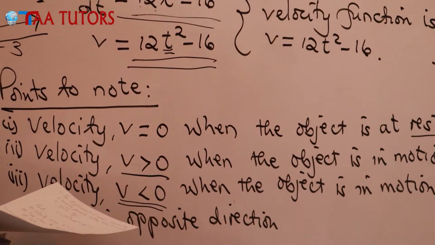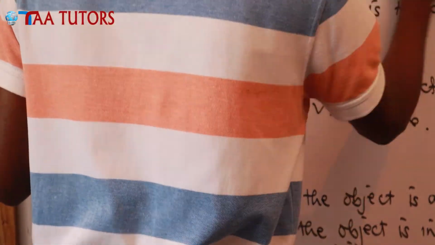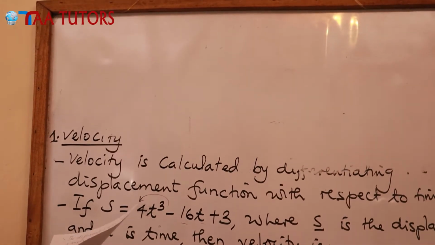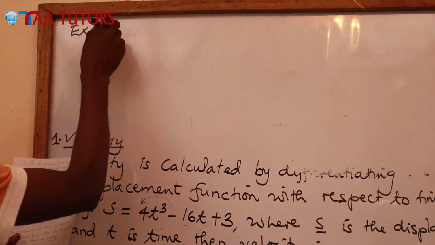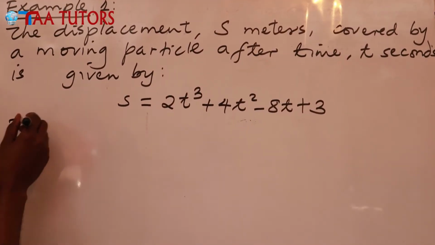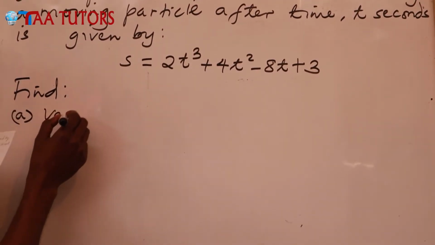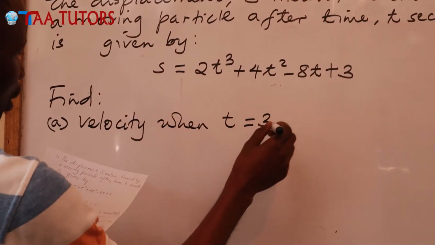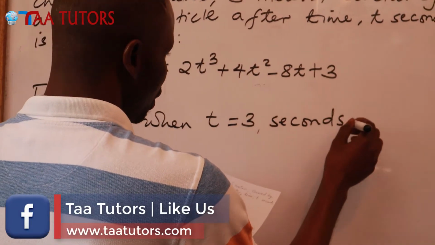Now, viewers, I want us to have an example to see how we handle velocity. Example: find the velocity when t equals 3 seconds.